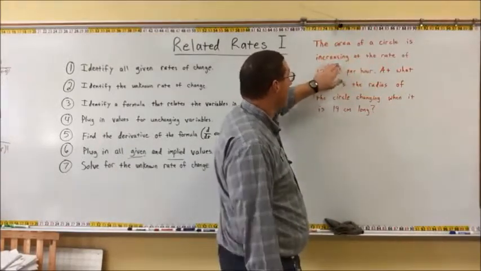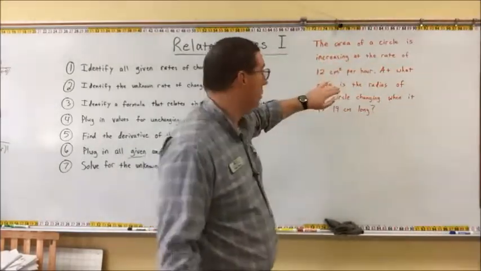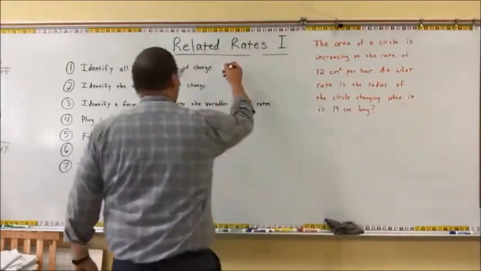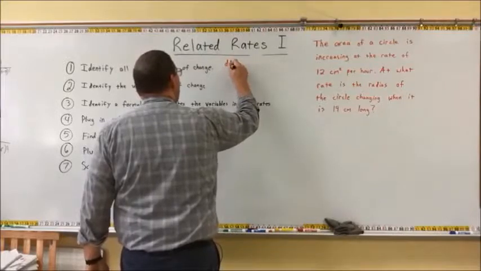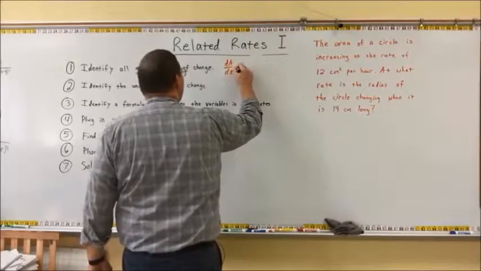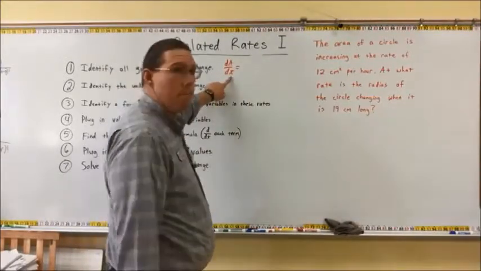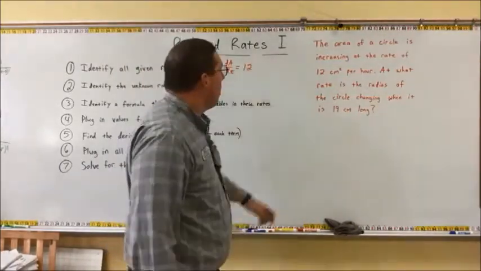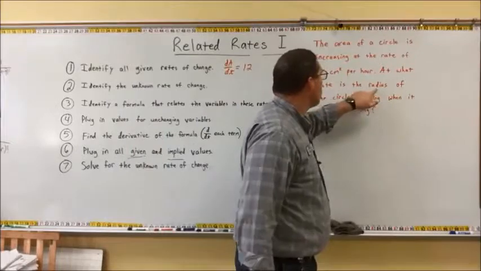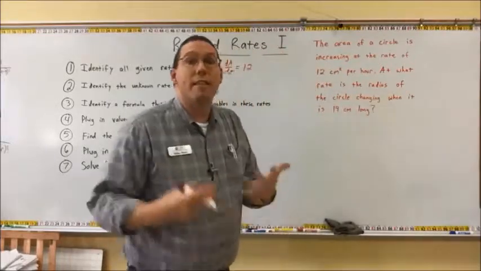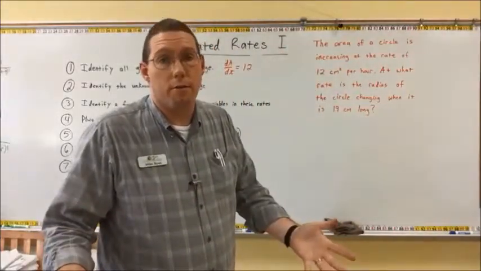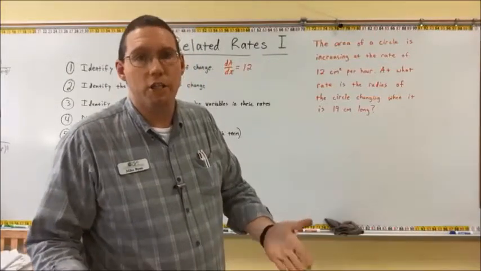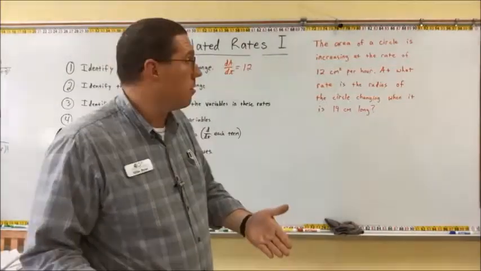The area of a circle is increasing, so it's positive, at the rate of 12 centimeters squared per hour. So that means dA/dt, the rate of change in area over time, is positive 12. And then it says, at what rate is the radius changing? So this time, it's asking us to tell how fast the radius is changing, the rate of change in the radius.